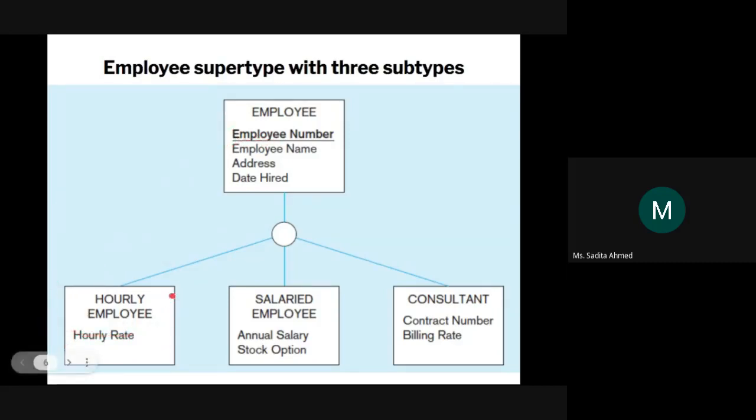So if you're asking why the subtypes do not have a primary key, the answer is that the subtypes actually do have a primary key. They have inherited the primary key from the supertype, okay? Because they inherit everything from the supertype, including all the attributes and the relationships that the supertype may have.